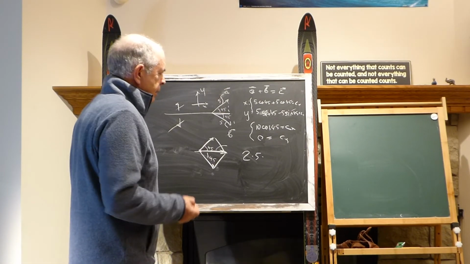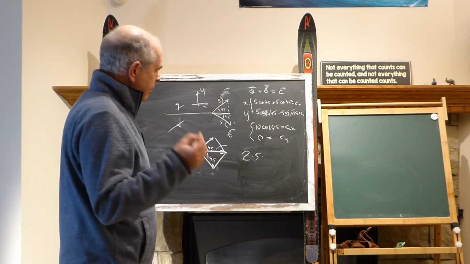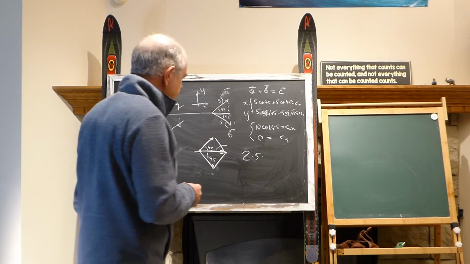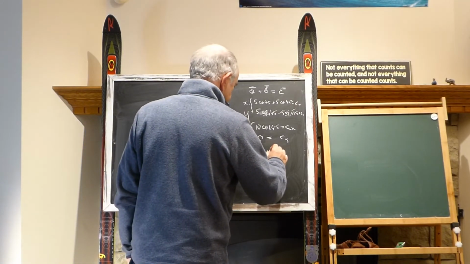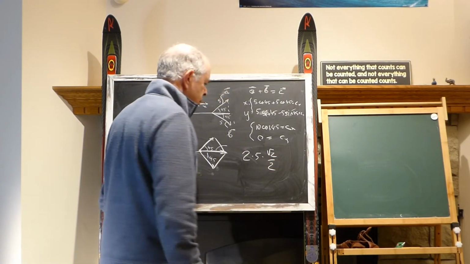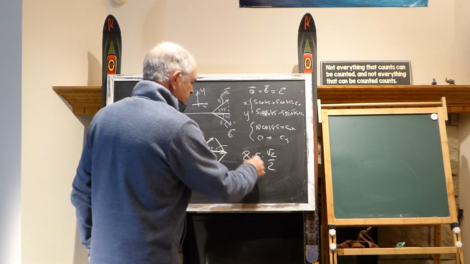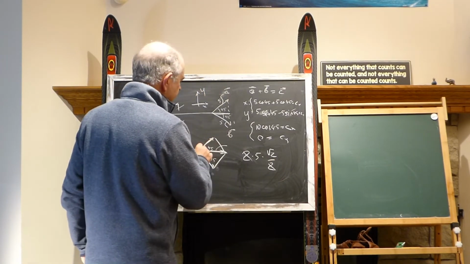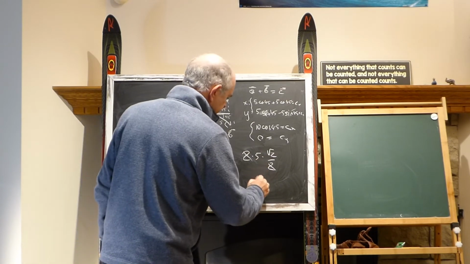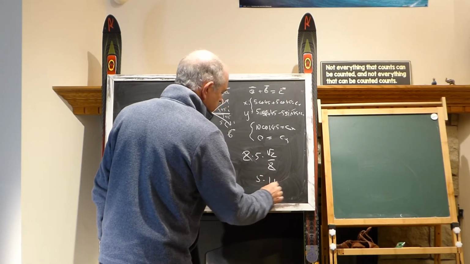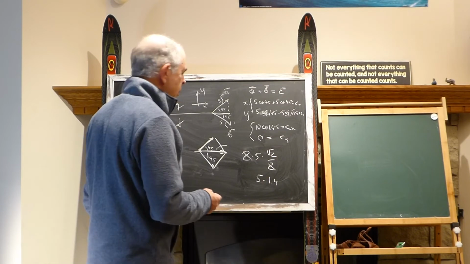It's straightforward. So square root of 2. And that's basically it. The 2 is gone. This is 5, and this would be 5 multiplied by 1.4. You figure out what it will be.